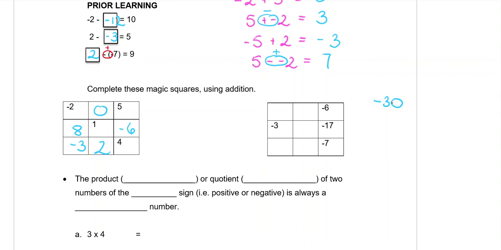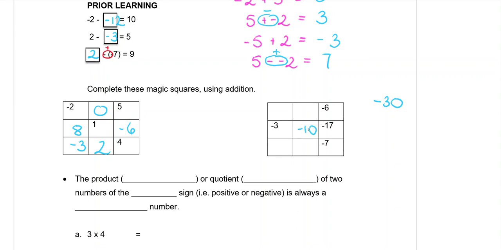So that means that every horizontal row, every vertical row, and even every diagonal has to make -30. Okay, so let's go across here. We've got two numbers here, minus 3 and minus 17, that's negative 20. So I'm going to have to keep going further to the negative to get to minus 30. How many more do I have to go? Minus 10, good.